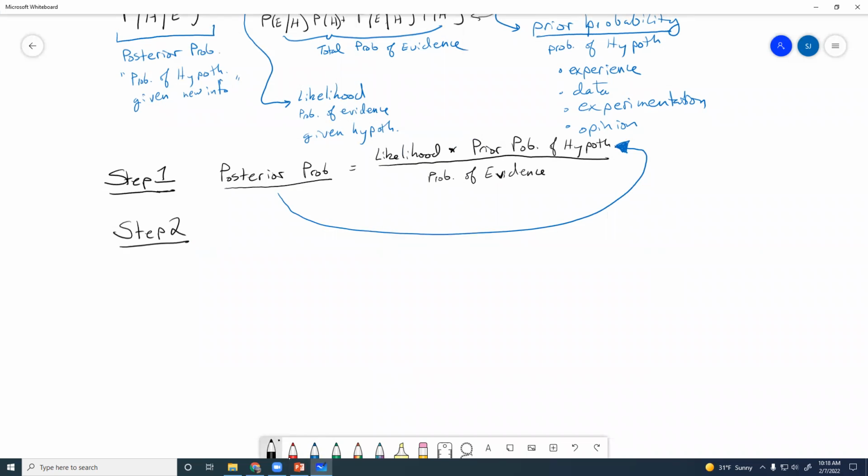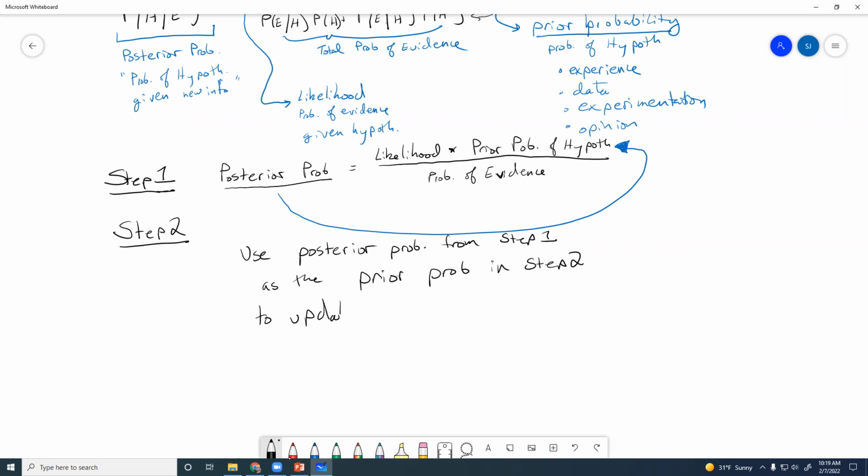We say we use the posterior probability, we'll do an example of this later, as the prior probability on step 2, and then this updates to update our posterior probability.